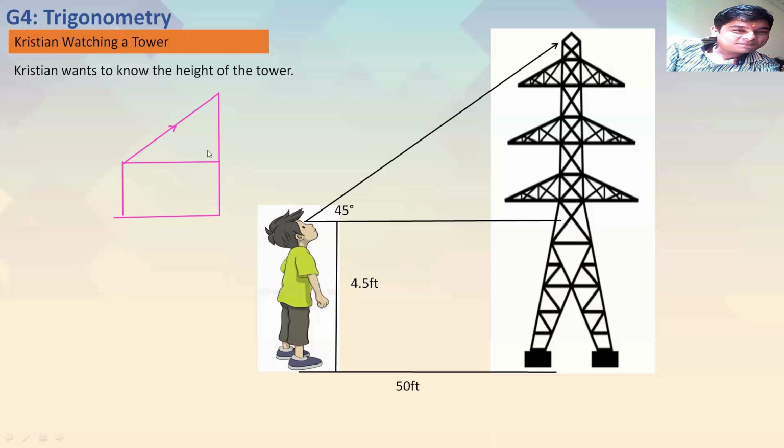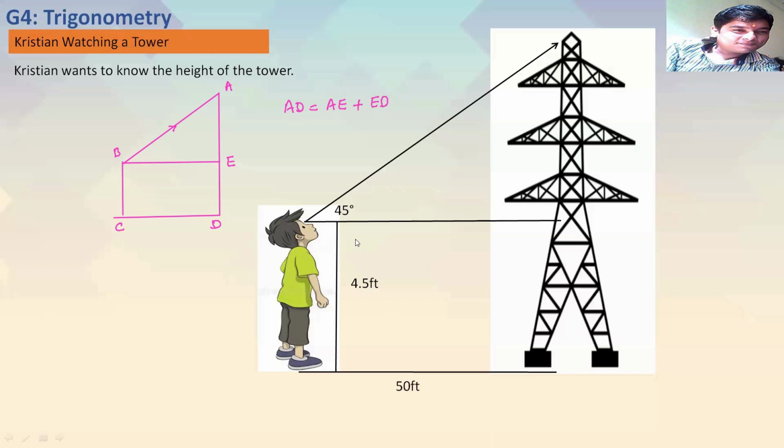Wonderful. What do we need to figure out? If we specify these corner points as A, B, C, D, and E, what does Christian want to know? He wants to find AD, that is the sum of AE and ED.